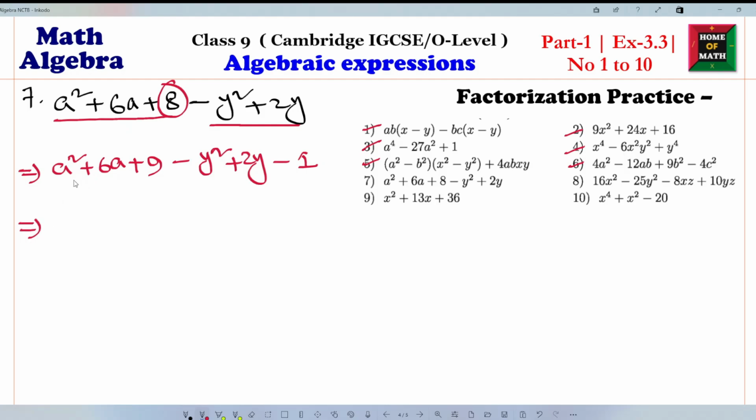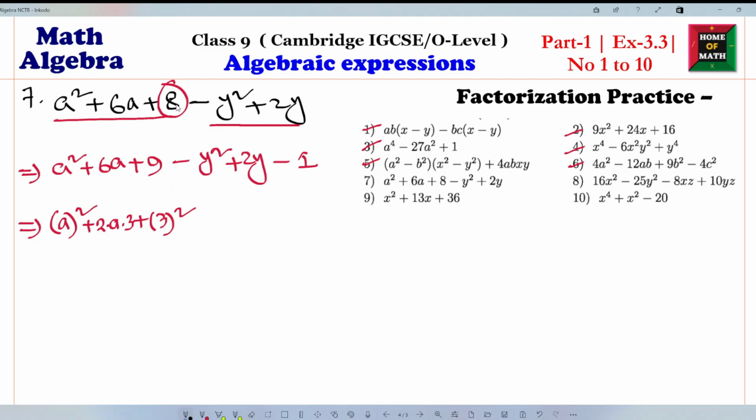Now look, a square means a square, and plus 3 square means 9. So for 6a we can write 2 times a times 3. It means 2 times 3 is 6, and here is a, and 3 square means 9. So I hope you understand why we add 1.